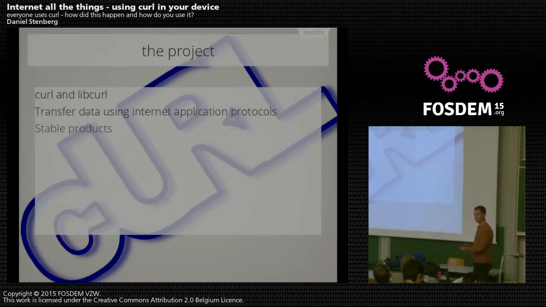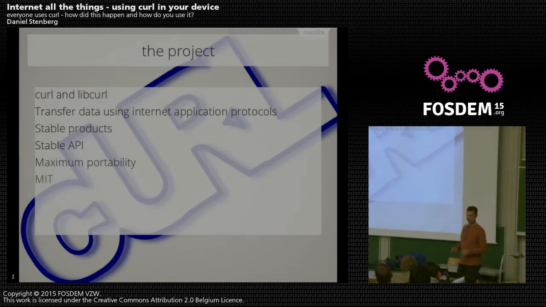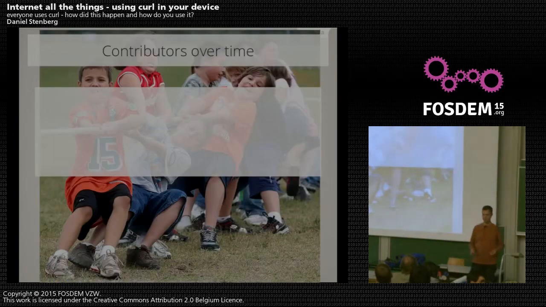We don't really do anything new. We do the same thing as we've been doing forever. We have a stable API. We work on pretty much everything that is 32-bit and has a decent POSIX API, even Windows, if we should call that decent. And it's MIT licensed, of course.